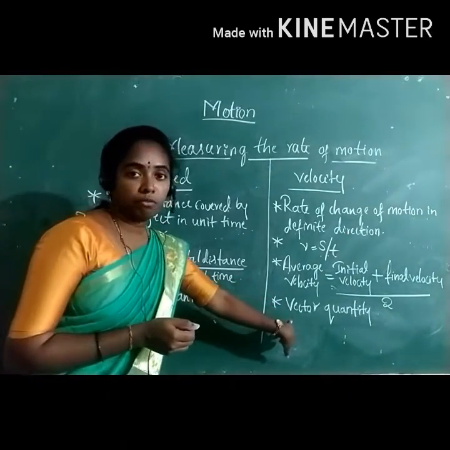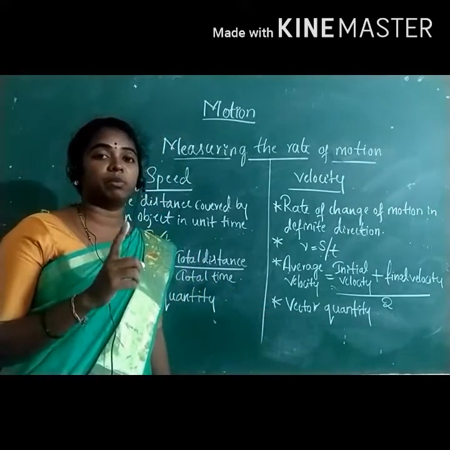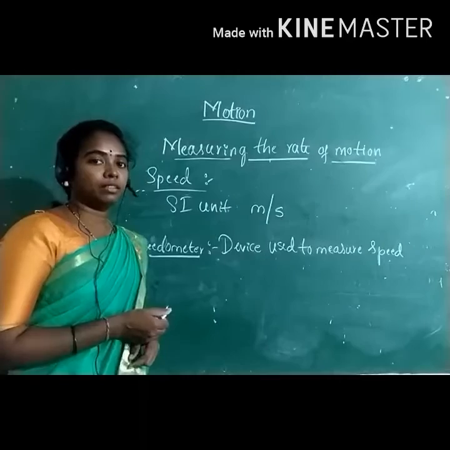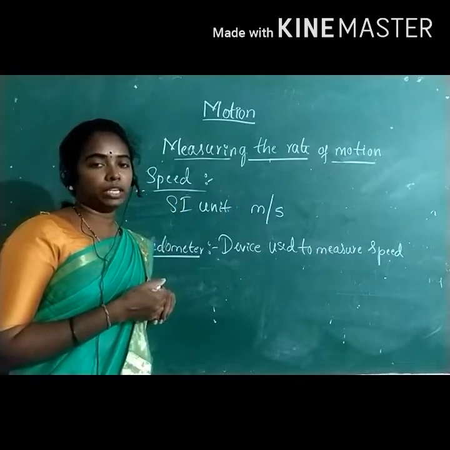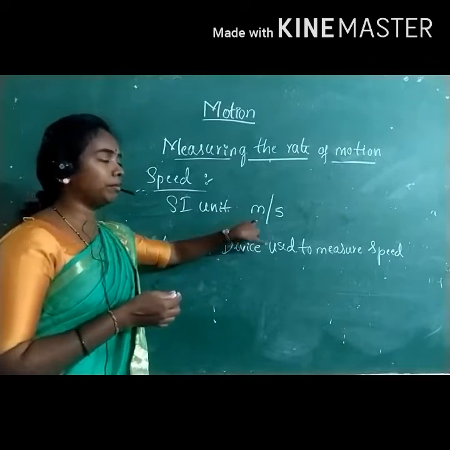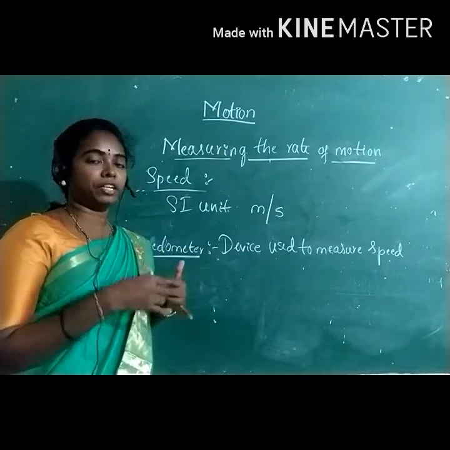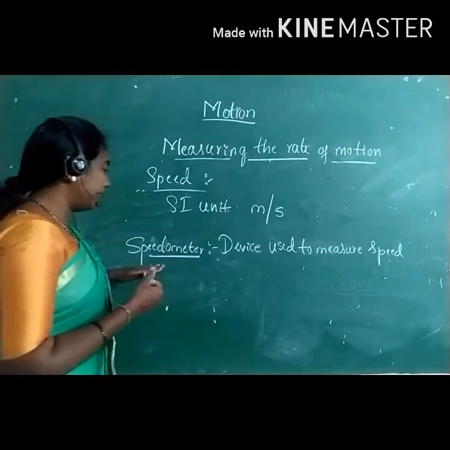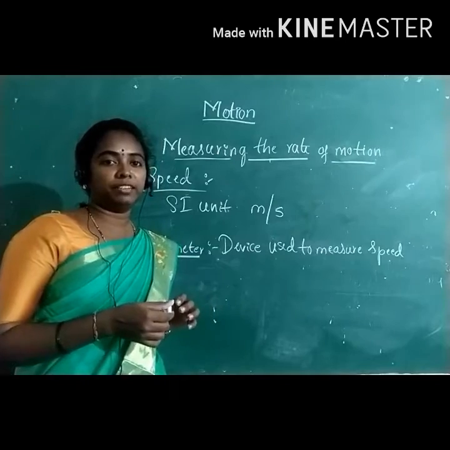Velocity is a vector quantity because displacement is a vector. The SI unit of speed and velocity is the same, meter per second. It has other units like centimeter per second and kilometer per hour. Speedometer is a device used to measure speed.